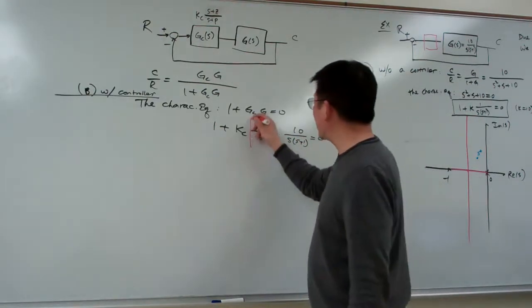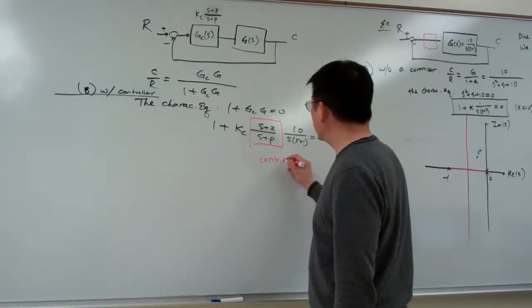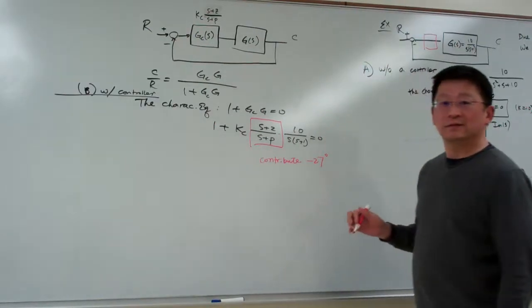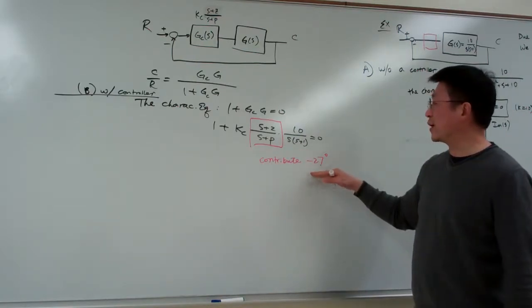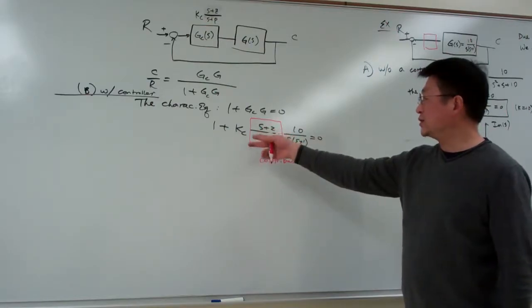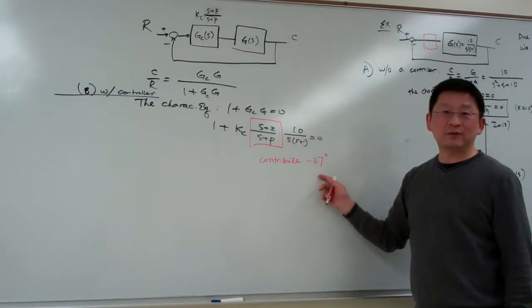So that portion, minus 27 degrees, is contributed by this one. Again, if you don't believe this, simply repeat the calculation of the phase angle criteria for this system, and you'll come up with the same.